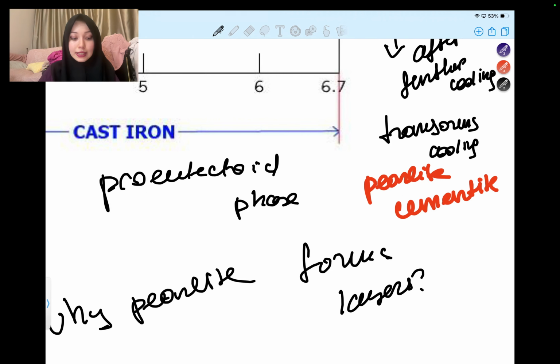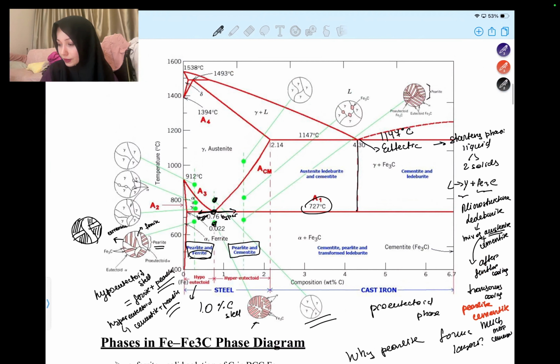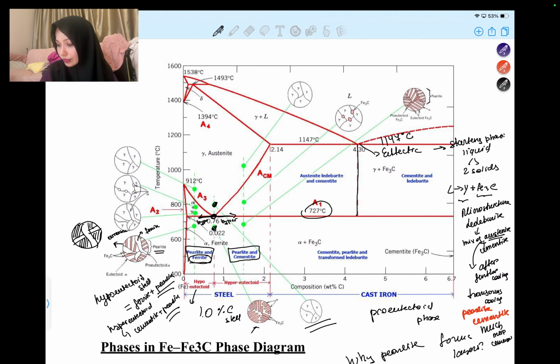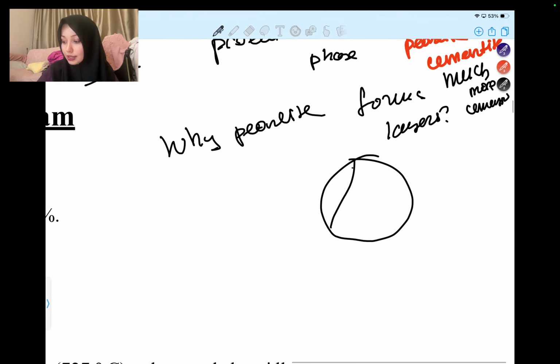So ledeburite itself looks like a more complex network. It's a eutectic mixture, and it contains much more cementite. Let's see if we are given the ledeburite structure here. Unfortunately, we are not given the ledeburite structure, but it would be very similar to pearlite structure, but we would have much more cementite, so probably it would be something like this.